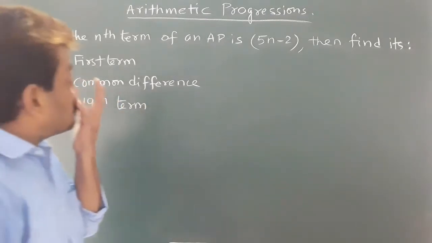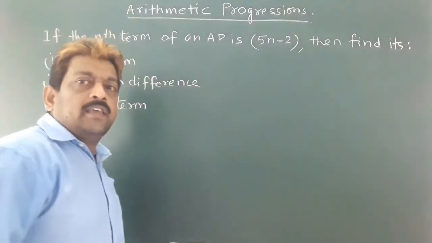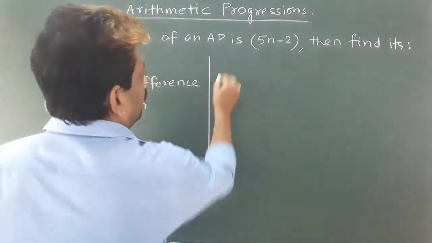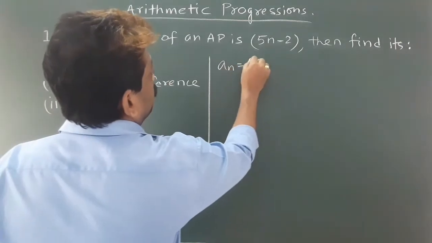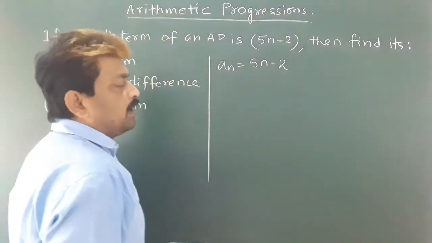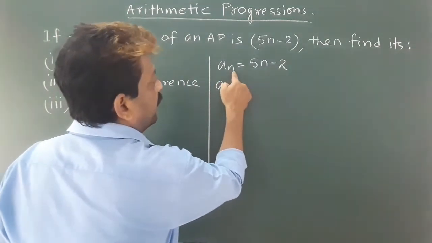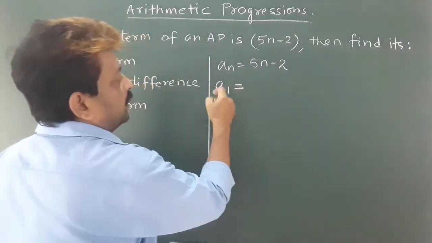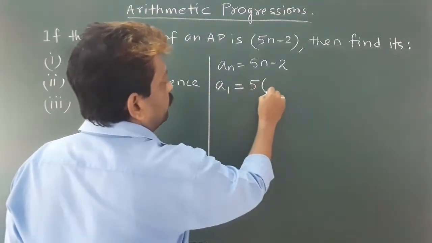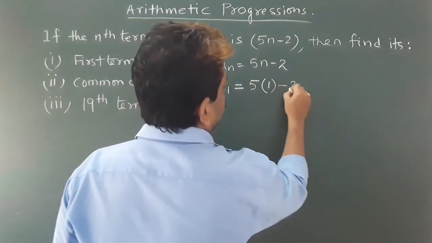Okay, so let me take the nth term as an. An is equals to 5n minus 2. Now let me take n as 1. So if I am taking n as 1, then a1 equals to 5 multiplied with 1 minus 2.